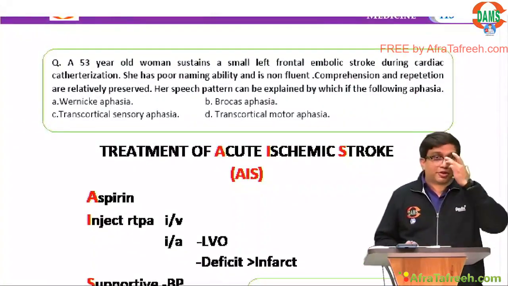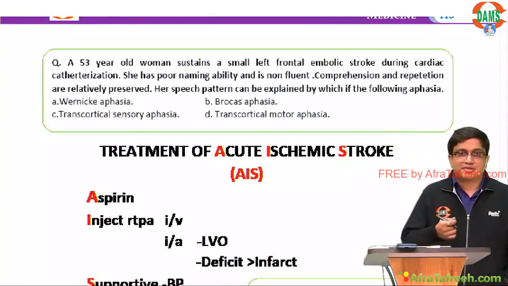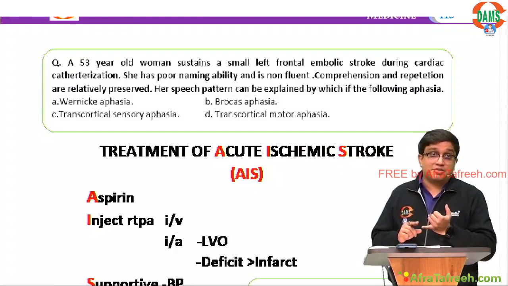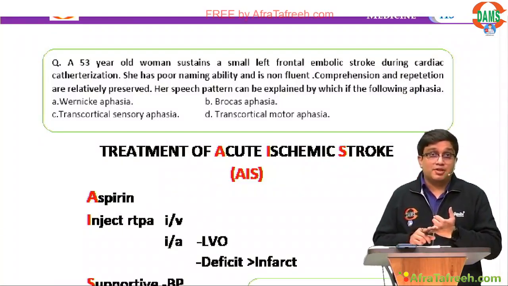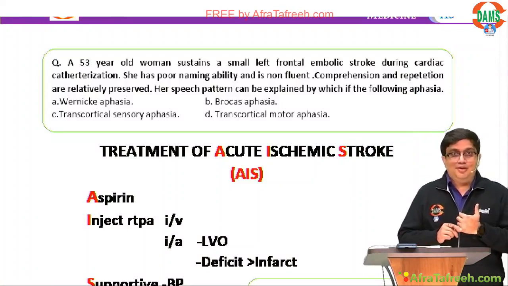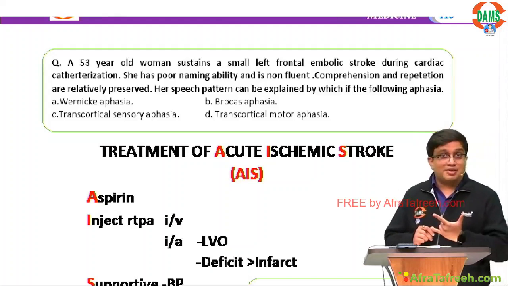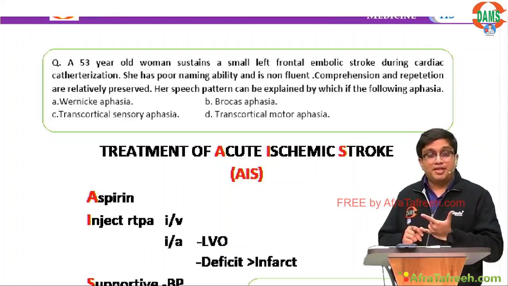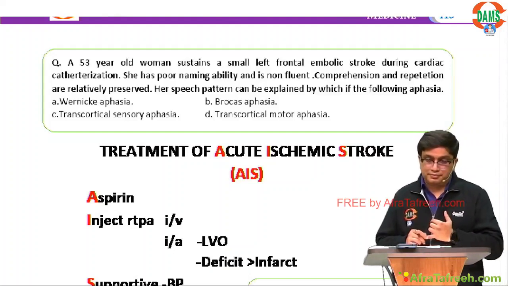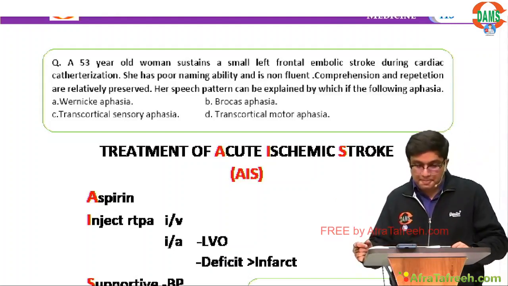A 53-year-old woman sustains a left frontal lobe embolic stroke during cardiac catheterization. She has got a poor naming ability and her speech is decreased, non-fluent. Comprehension and repetition are preserved. Comprehension is intact, repetition is intact, naming and fluency is disturbed. Tell me.